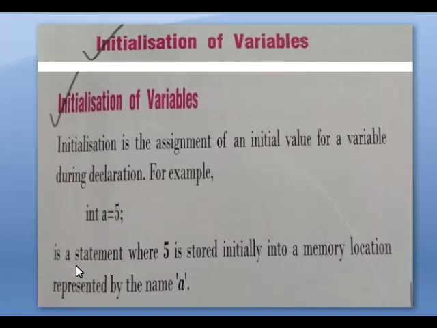So int a = 5 is a statement where 5 is stored initially into a memory location represented by the name a. If we are initializing some initial value, it is called initialization of a variable. Here the variable a is initialized with the value 5.